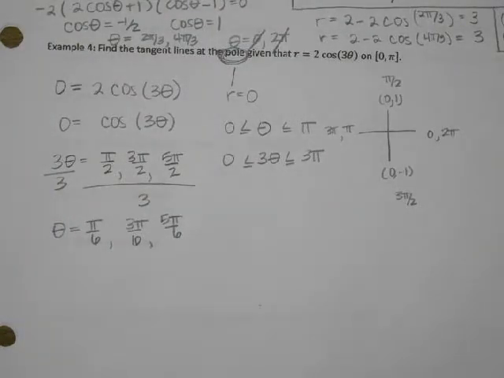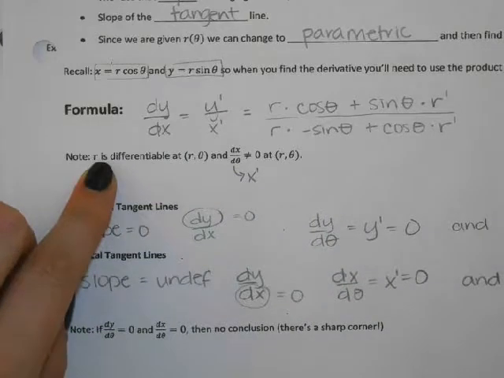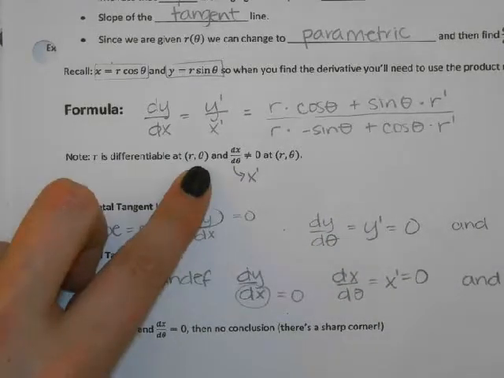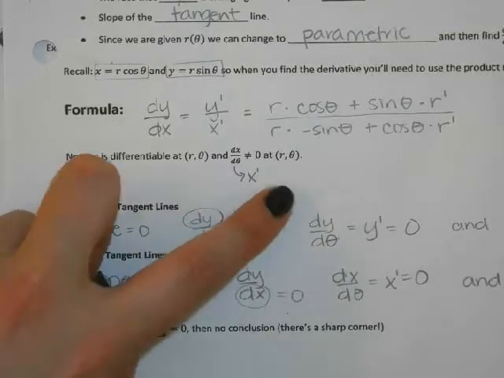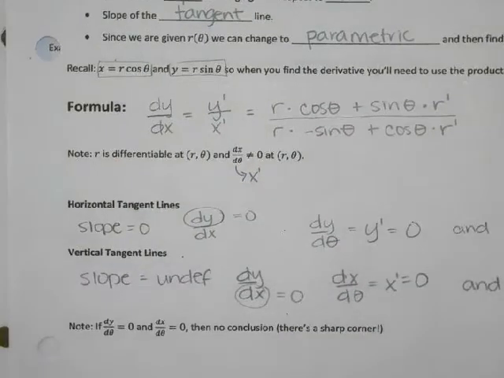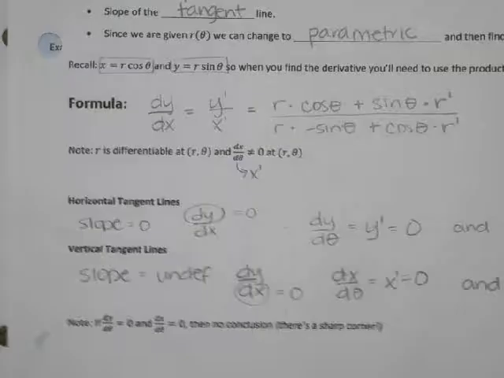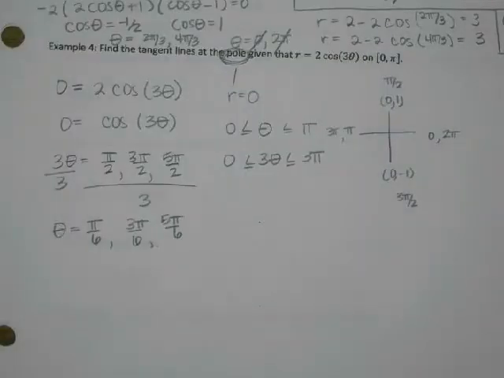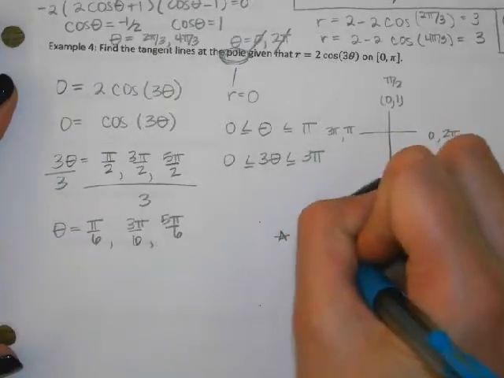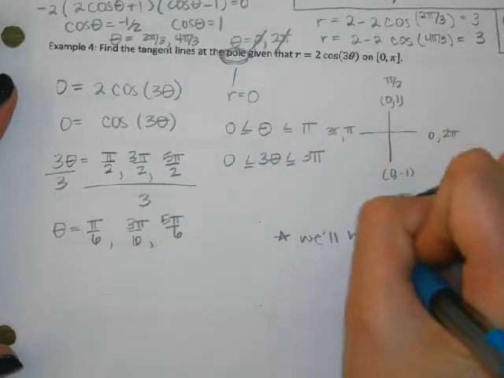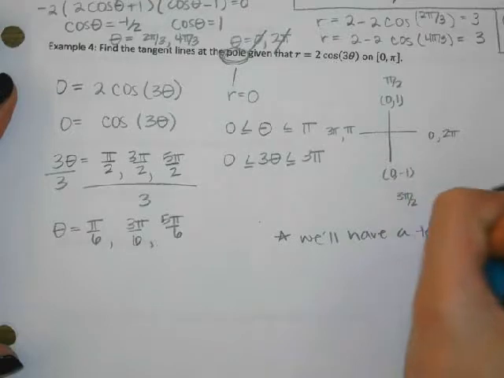Now we have to think back to what we wrote here. We said that r is differentiable at the point as long as the derivative does not equal 0 at that specific point. That's what we said. So we'll have a tangent. I'm going to write this down. This is our pole.